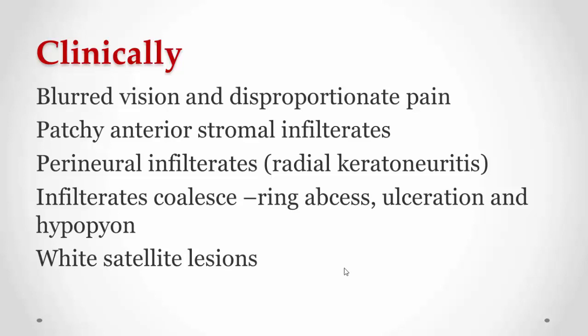Usually patients with Acanthamoeba keratitis suffer from severe pain. It is also characterized by patchy anterior stromal infiltrates with perineural spread, which is called radial keratoneuritis. These infiltrates coalesce together, forming what is called ring abscess, ulceration and hypopyon, with wide satellite lesions.